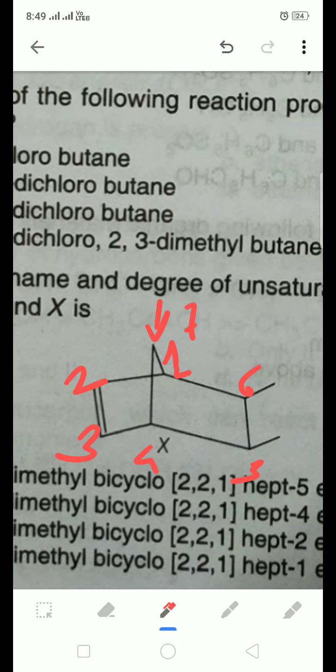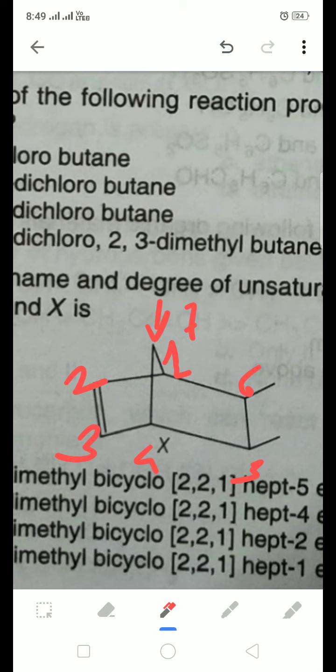We do not need to name this. We just need to see whether it is a cyclic or bicyclic compound. So we do not require to give numbers to the substituents, as we do not do in general naming. Okay, so just see, we could see that starting from 1, there could be 2 rings formed in which the carbon number 1 is included. So it's a bicyclic compound.